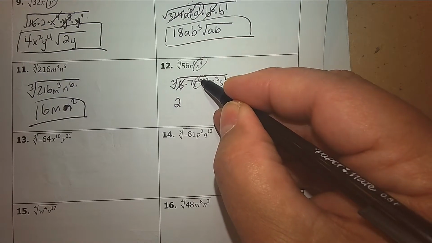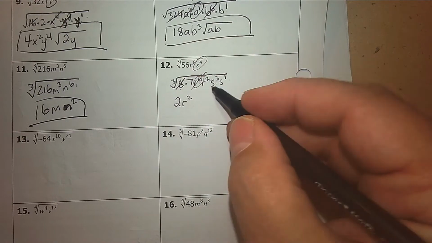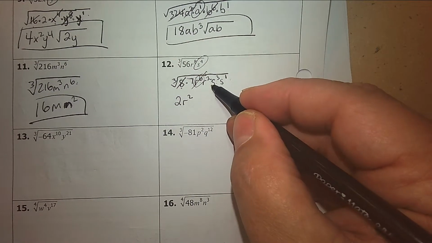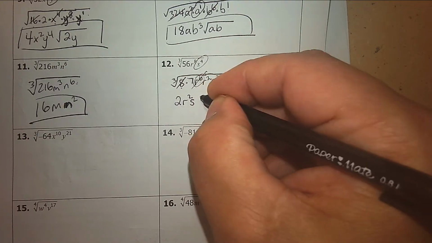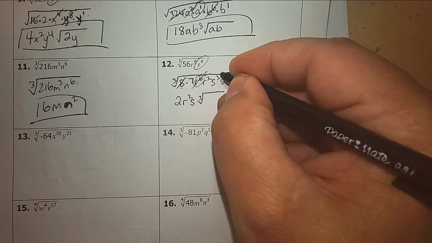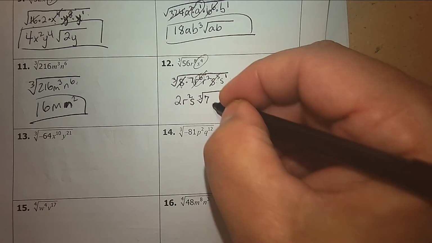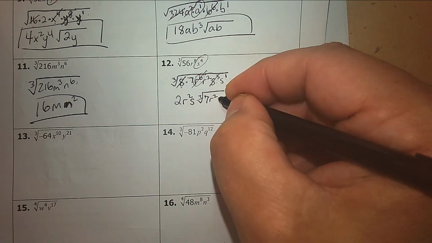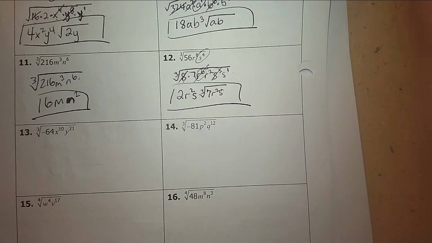What's 6 divided by 3? R squared, that's left behind. S cubed, 3 divided by 3 leaves me with 1s. And then you write down what I didn't cross out, which is 7, R squared, and 1s. All right, number 13.